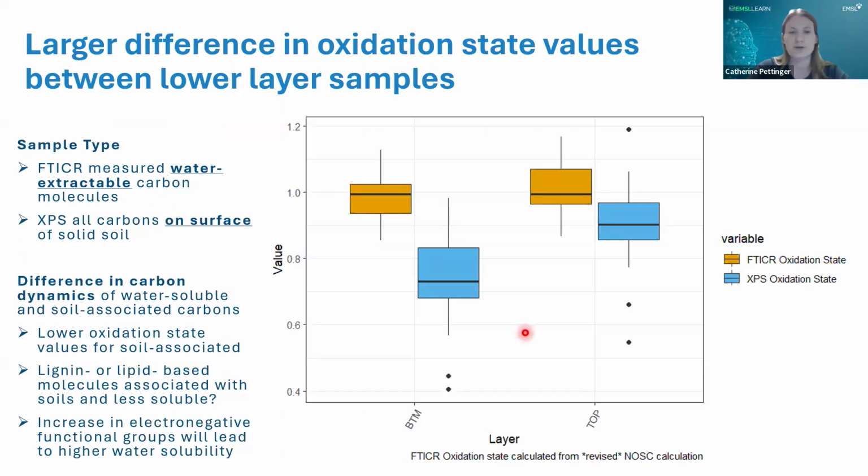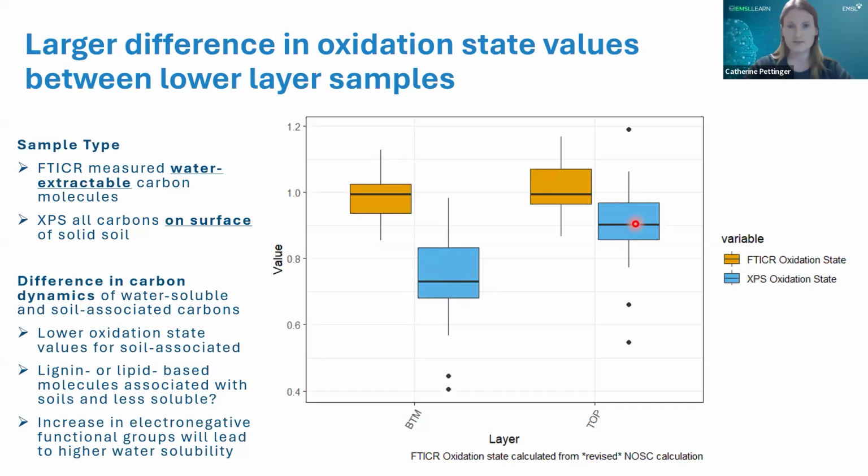But one thing I did want to point out is when we look at these blue boxes here. On this, I'm looking at the top 10 centimeters versus the bottom layer, the 20 to 30 centimeter core depth. We have our oxidation states on the y-axis, and we see that the bottom samples generally have a lower oxidation state than the top samples.